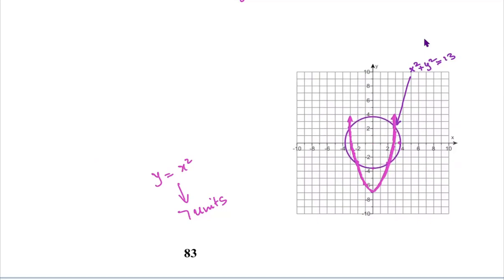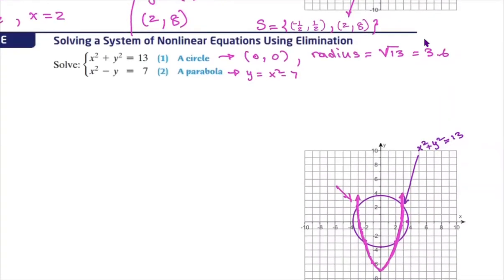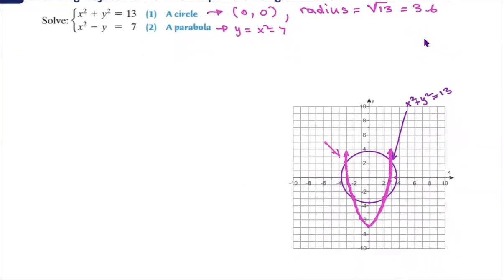Okay, so now I have this. I can have an idea of where the graph is, and this is my parabola. That is y equals x squared minus 7.